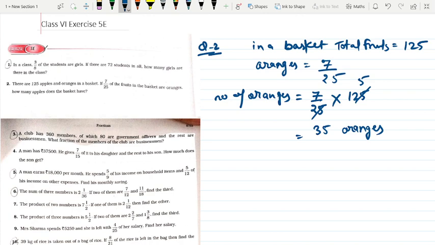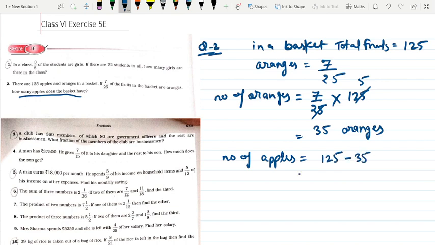But read the question here. How many apples are in the basket? Look, in the basket there are oranges and apples. So if we need to find out the number of apples, the number of apples will be total fruits, that is 125 minus 35.